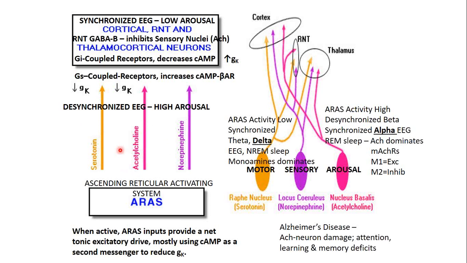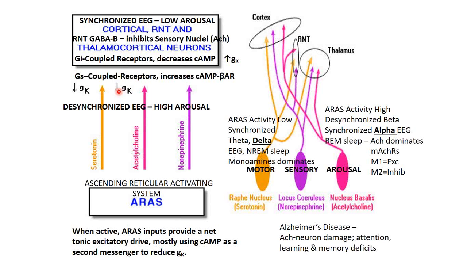Well, the acetylcholine is primarily coming from the nucleus basalis. Serotonin from the raphe in the brainstem, norepinephrine from the locus ceruleus, and in a desynchronized EEG, or high arousal EEG, we have a decrease in potassium conductance.